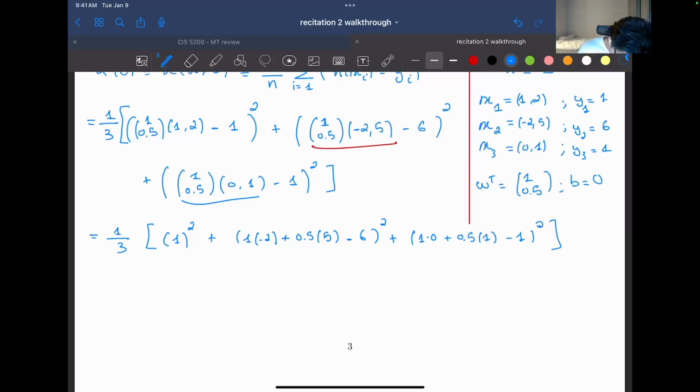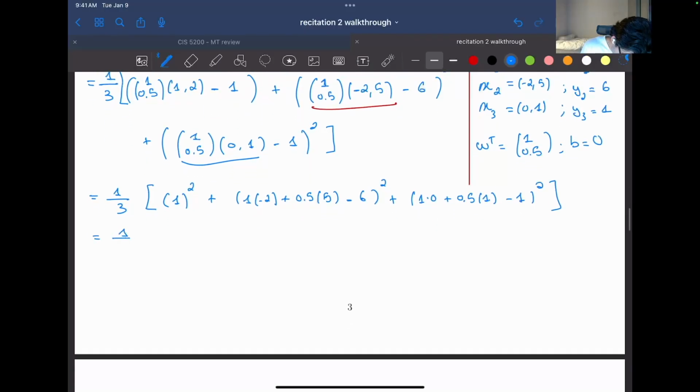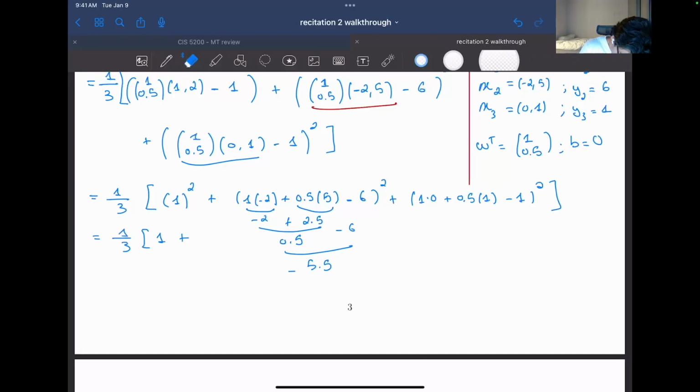This whole thing squared. What is this? 1/3, 1 plus, this is minus 2, this is 2.5, this is minus 6. So this is 0.5, right? Minus 6. So this is minus 5.5.